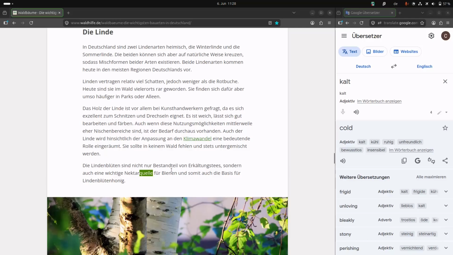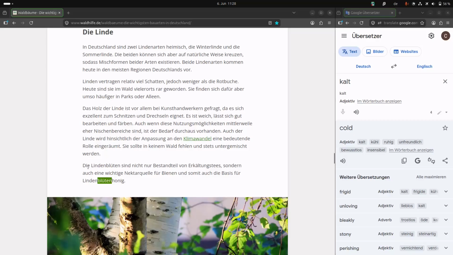Für, for Bienen, bees, und, and, somit, with that you could say, auch, also, die Basis, the base, für, for Lindenblütenhonig. So, linden tree honey, yeah. So, die Lindenblüten, the linden tree blossom honey, of course.